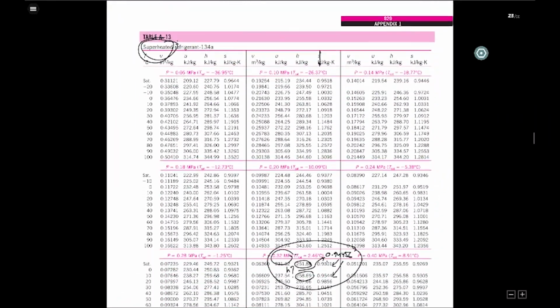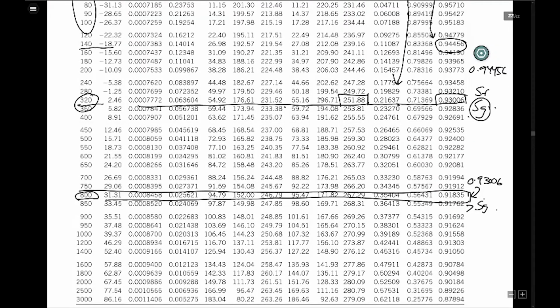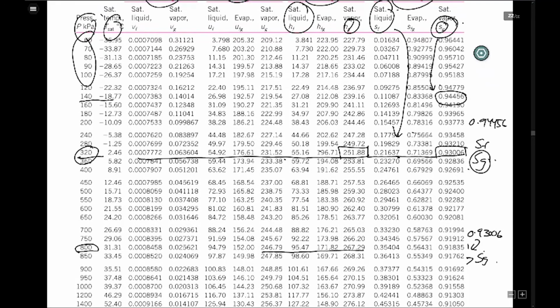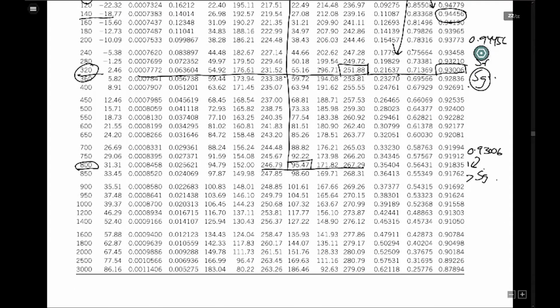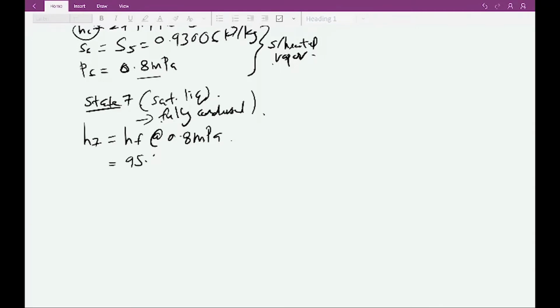Look at your saturated table, 800 kPa, searching for your hf here, which is equal to 95.47 kilojoule per kilogram. When it is done, we can go for state 8.